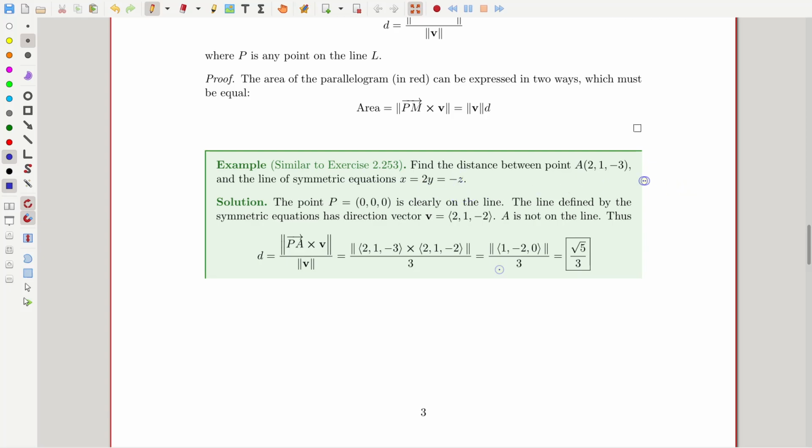So we would get x over 2 is equal to y is equal to z over negative 2. Now that I've divided by 2, this does fit the form of a symmetric description for a line. And so then, especially if I put a divide by 1 there, you can read off the a, b, and c that form the direction vector for this line, which is v here.